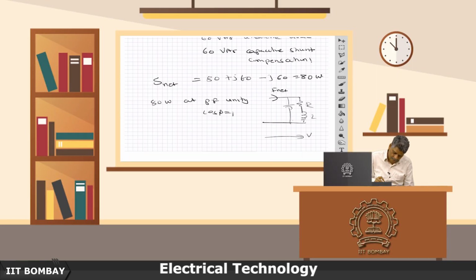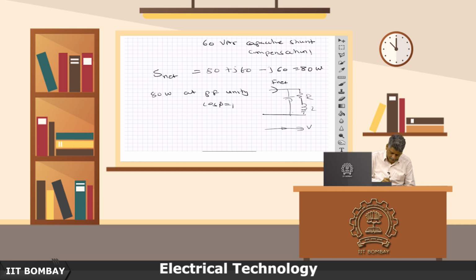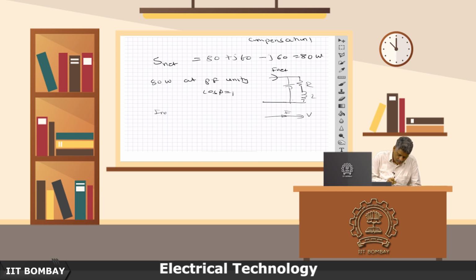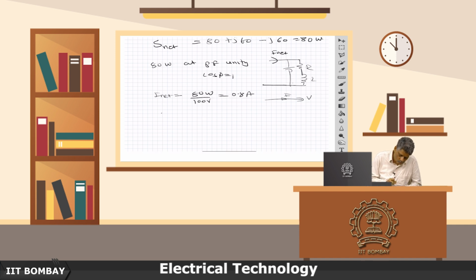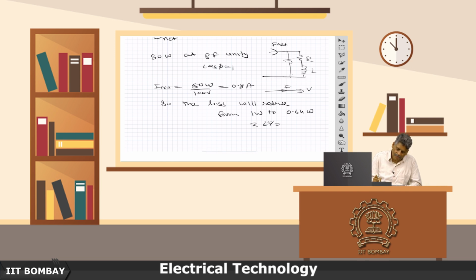So, the current which is being drawn will now reduce to 80 watts divided by 100 volts, which turns out to be only 0.8 amperes, and so the loss will reduce from 1 watt to 0.64 watts in the wire. So, a 36% reduction in loss.